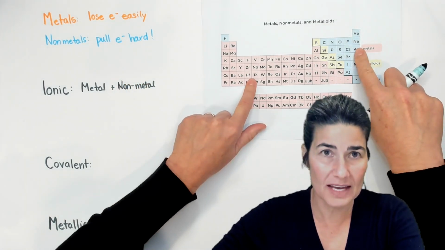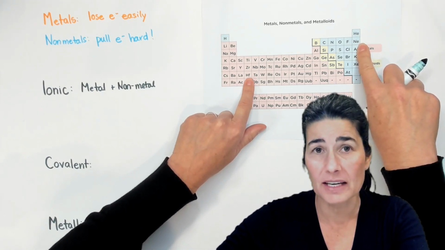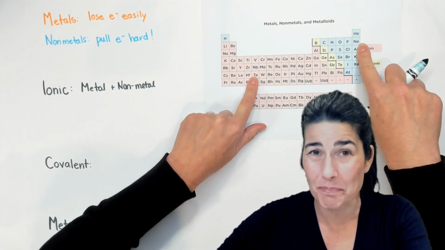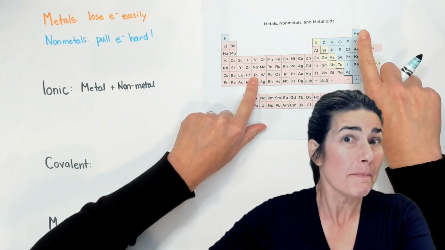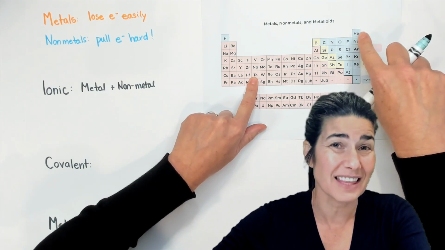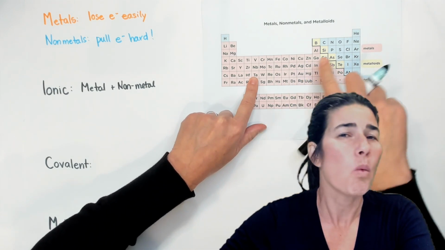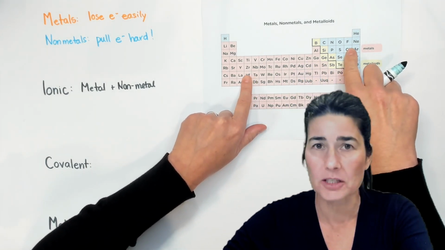Now, if you put things very far apart on the periodic table that have very different electronegativities, the metal's barely holding on to the electrons. The nonmetal pulls them really hard, and what will occur is that the nonmetal will steal the electrons away from the metal, one or more of those valence electrons.